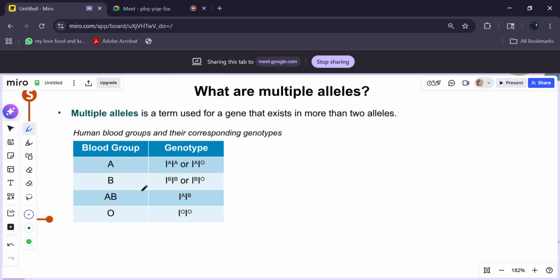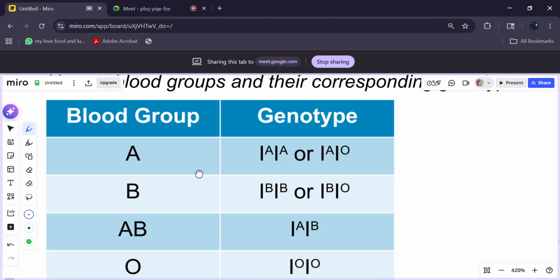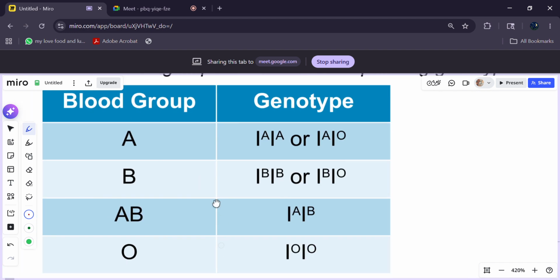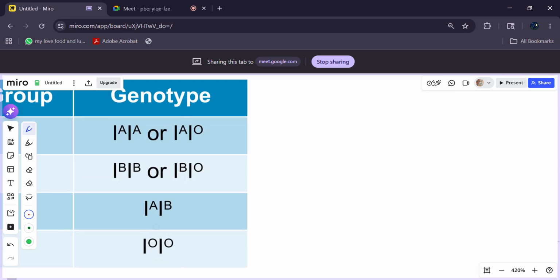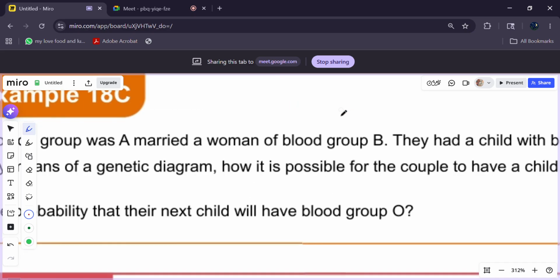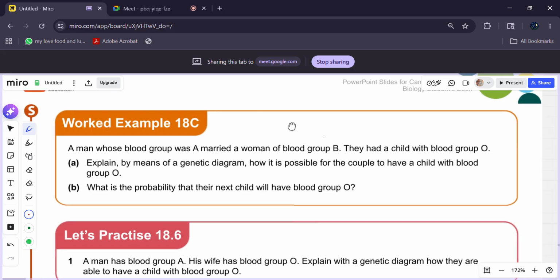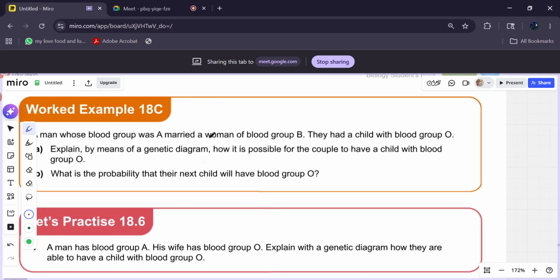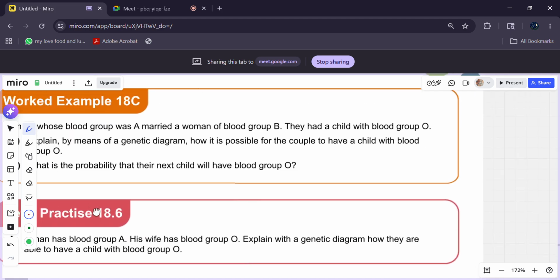So there's a chance that if you combine blood group A and blood group B, you get AB, which contains both the allele of group A and group B. So let's move on. Here is a worked example and a question. Now, the worked example is solved in your textbook, while the practice is a question you could solve.